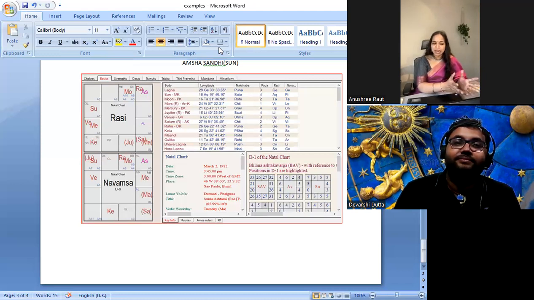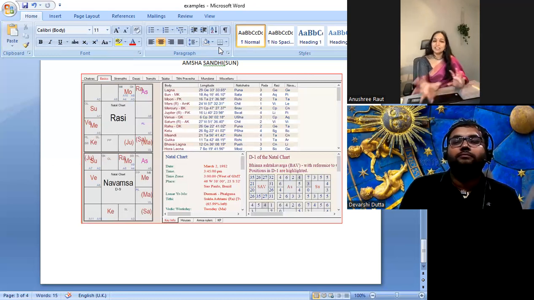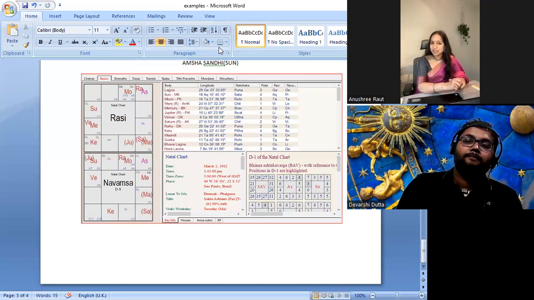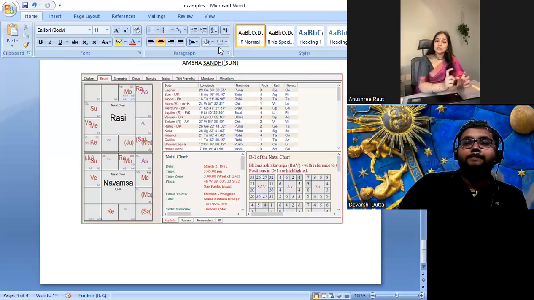So she should not stay in her native place. 4th lord has also gone to the 8th house. She's a pharmacist, but she has been doing surgery. So you can understand how pharmacy and surgery is related. Surgery is not what she has studied. She's not a doctor. But because the dispositor of Saturn is Mercury, her 4th lord.